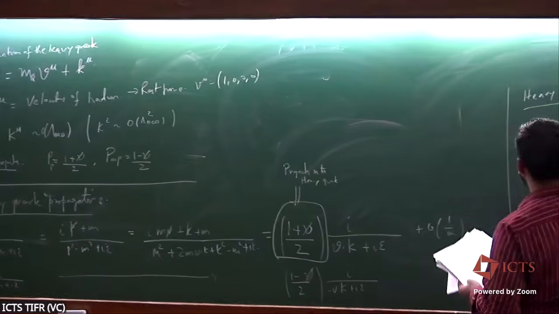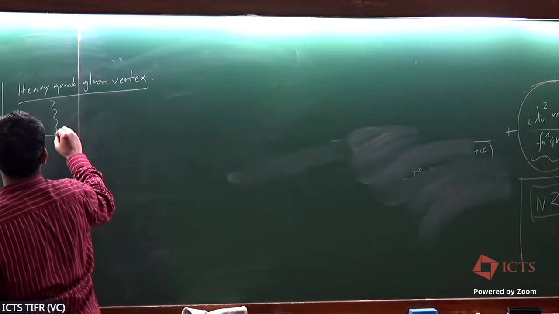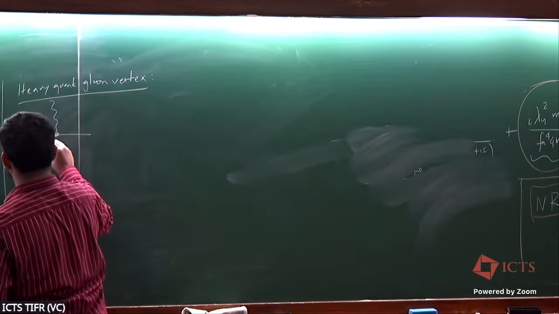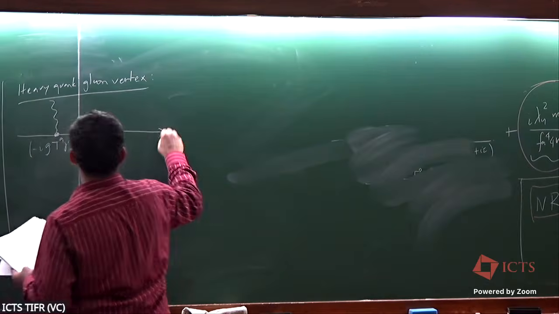If you do the same thing, I have this vertex, which is described by minus i g T^a gamma mu.